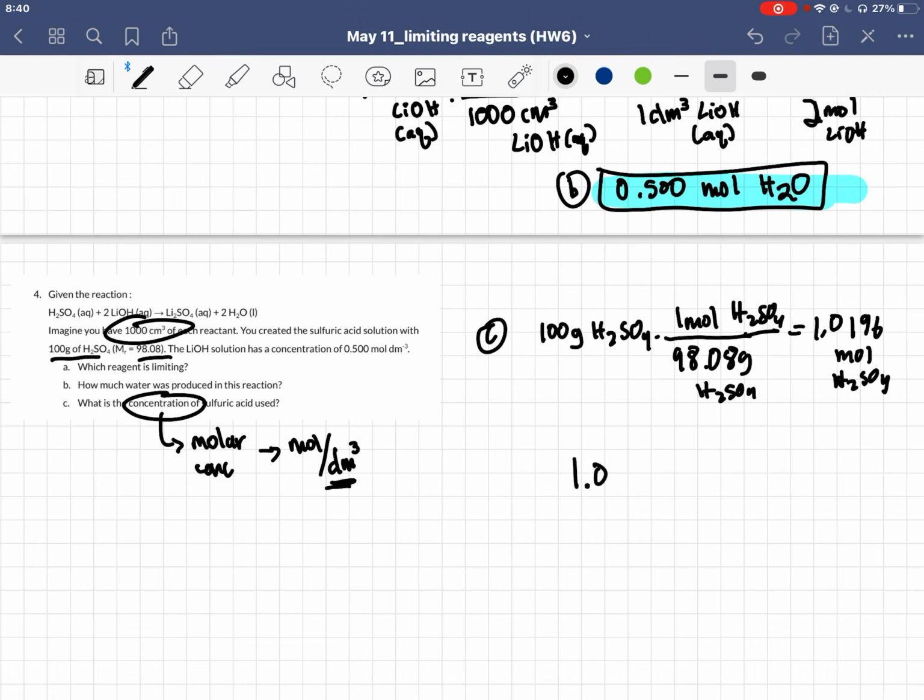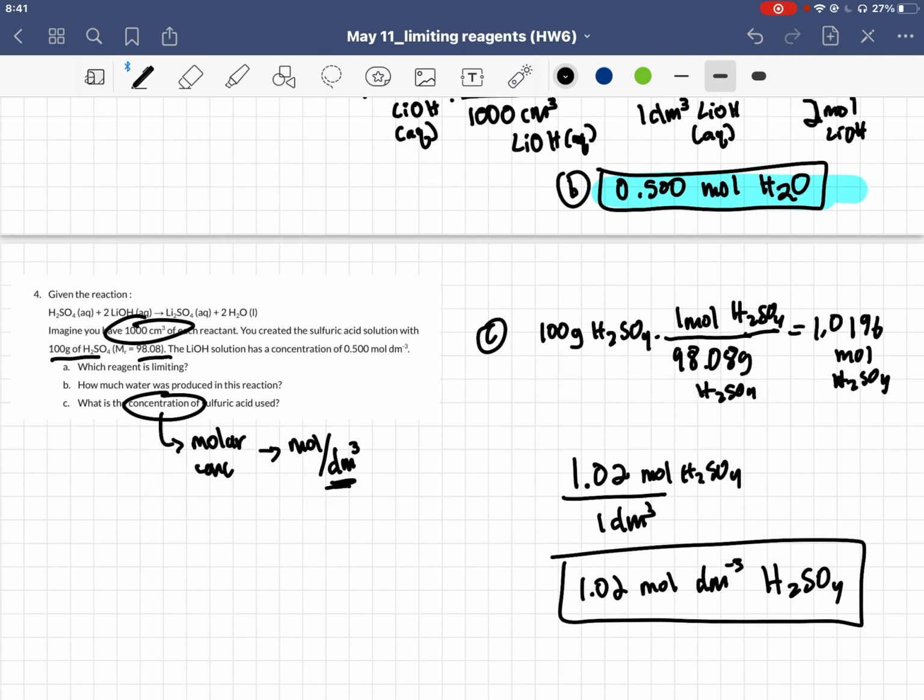So I'm just going to round to 2 decimal places here, 1.02 moles H2SO4 over 1 dm cubed. Or we can just write 1.02 moles per dm cubed H2SO4. So C was not necessary for finding the limiting reagent, just a quick check for understanding from concentrations. All right, hope that helped.